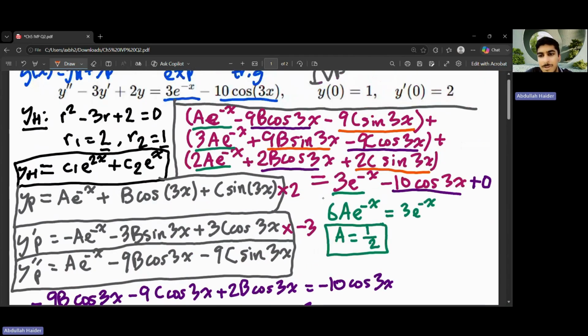And since you don't have a sine on the right hand side of the equation, you assume that we have a 0, and you equate the sine to 0.